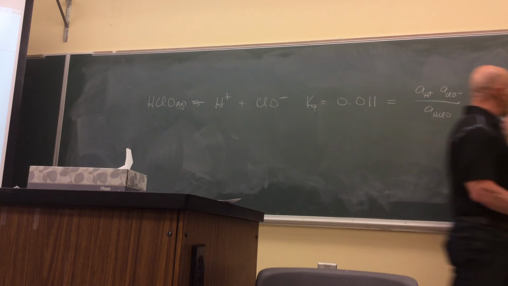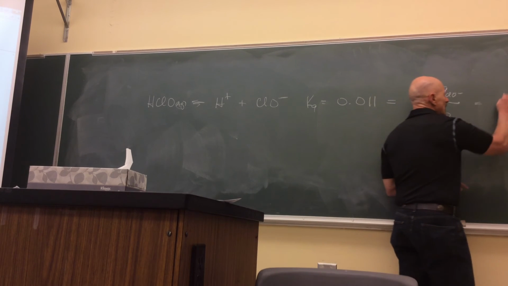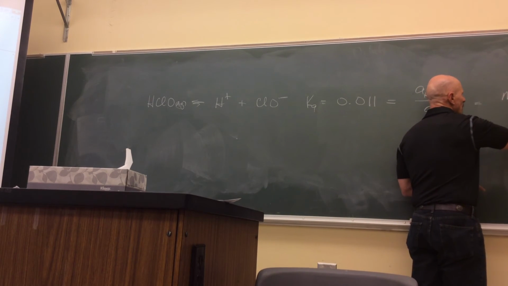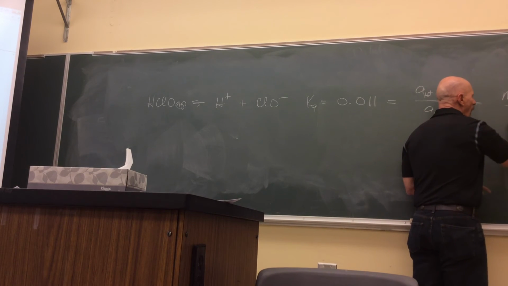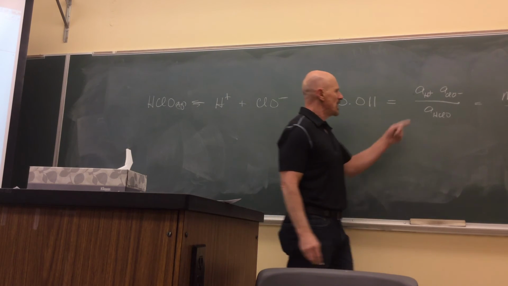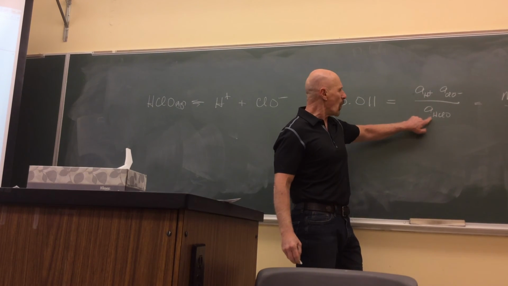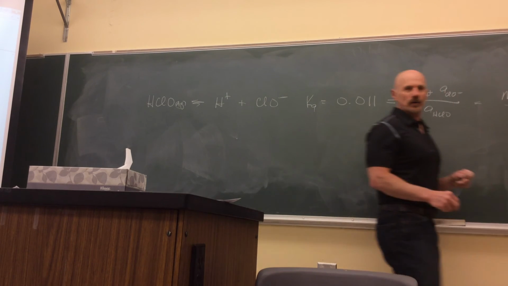If I replace this, it will be the molarity of H plus times the molarity of ClO minus over the molarity of HClO, just like you've done in Gen Chem. But for the ions, this will be multiplied by gamma squared.